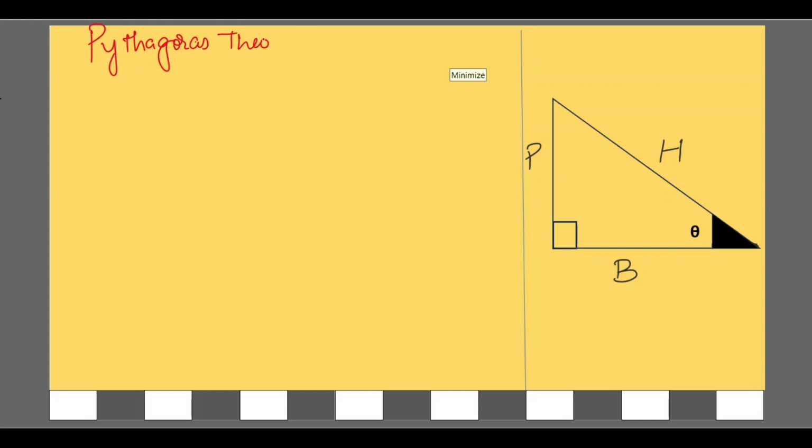So in the Pythagoras theorem here we have taken P as the perpendicular, which is along the y-axis. Here B is the base, which is along the x-axis, and H is the hypotenuse.